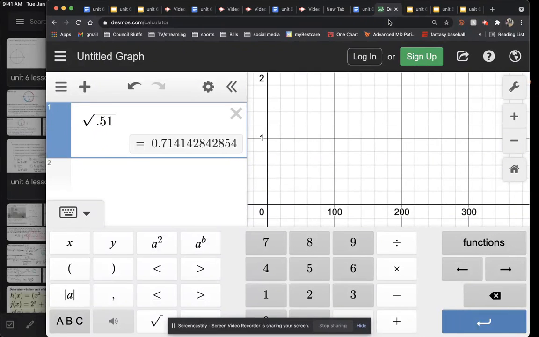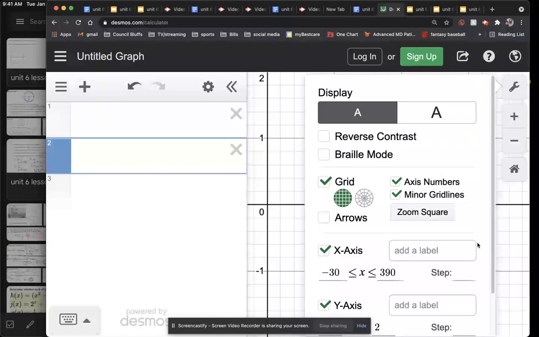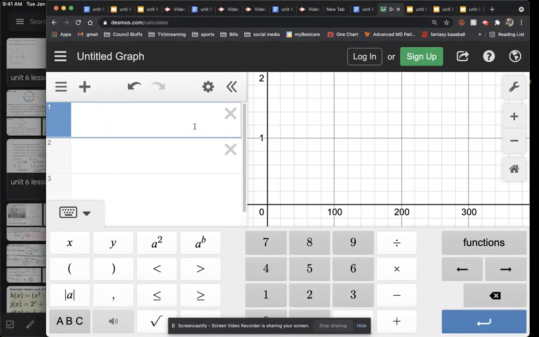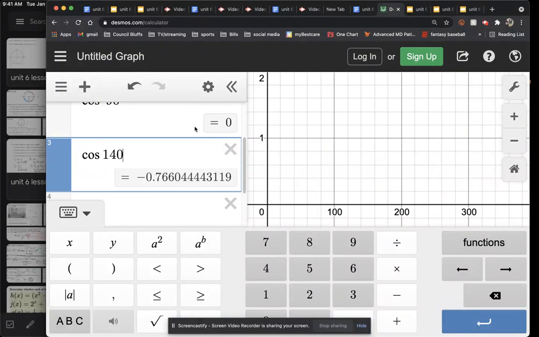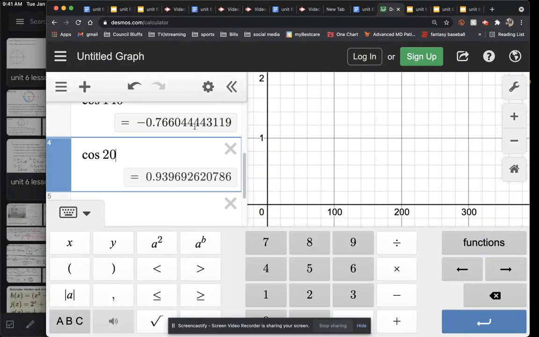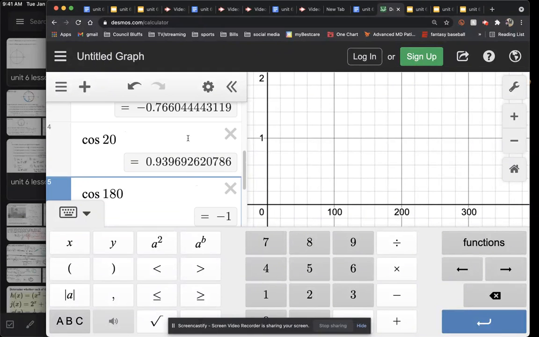Let's pull up Desmos here. Let me make sure I'm in degree mode. I am. So I'm going to do cosine of 20, cosine of 90, cosine of 140, cosine of 20 again, and cosine of 180.